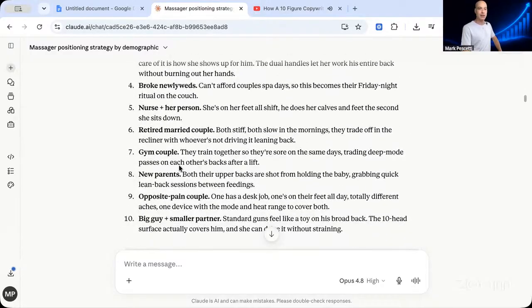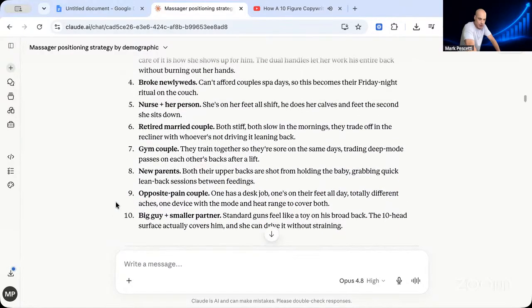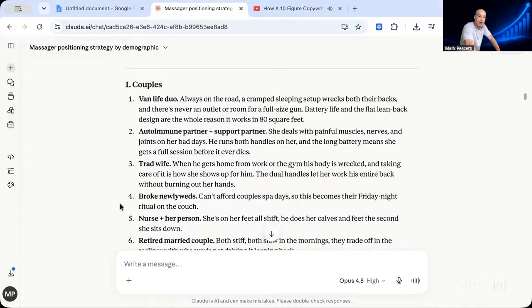And then we got 10 sub-positioning points. So archetypically speaking, in circumstances that couples find themselves in, there are lots of things to talk about, to write about, to make videos about, to hire content creators to talk about. There's no limit to what you can be doing with a positioning point.